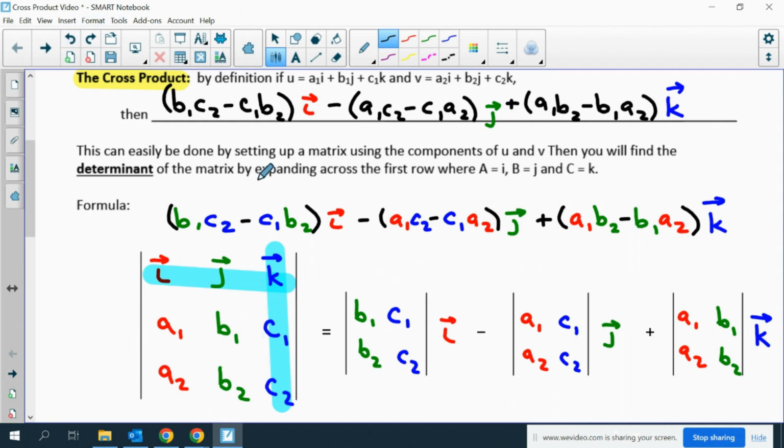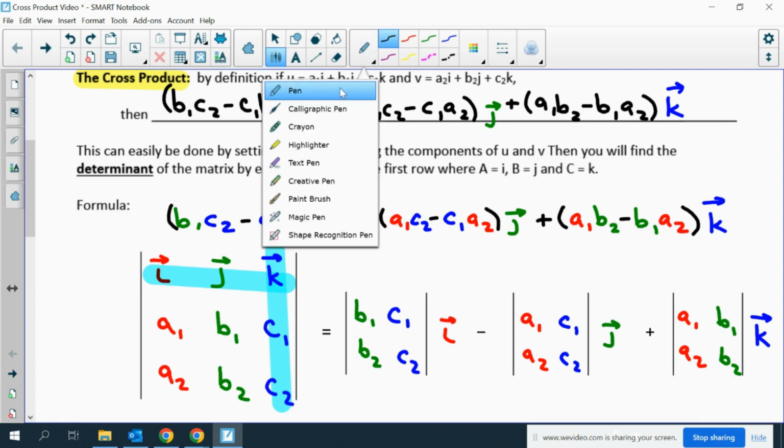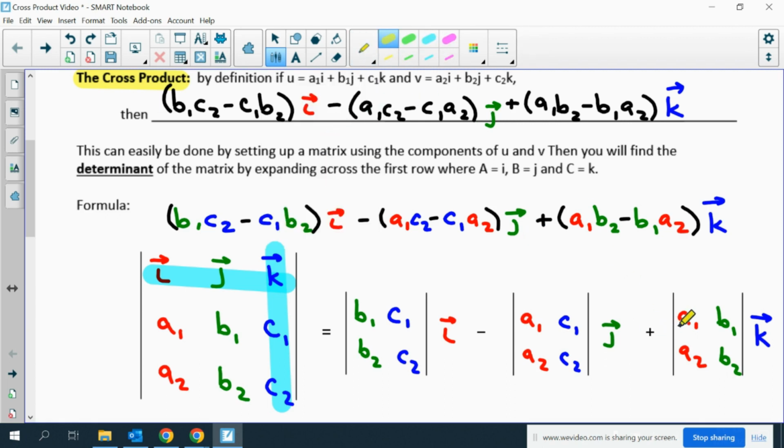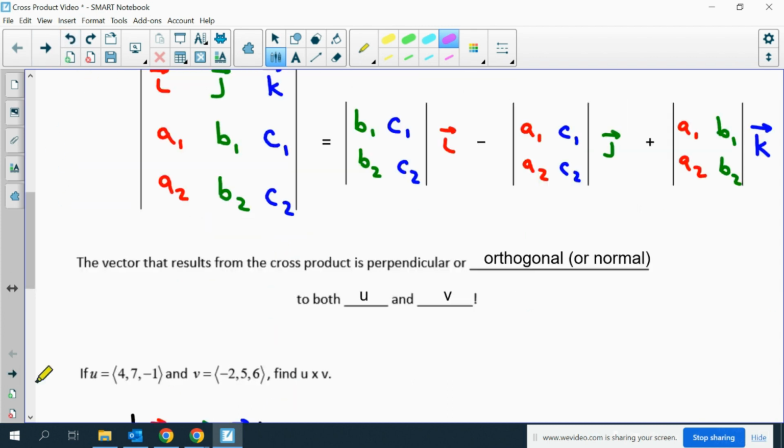And when you do that, that's where you get (b1 c2 minus c1 b2) times the vector i, minus (a1 c2 minus c1 a2) times the vector j, and (a1 b2 minus b1 a2) times the vector k. So that's basically how you get it. And the vector that results from this cross product is perpendicular, which we also know is called orthogonal or normal, to both u and v.